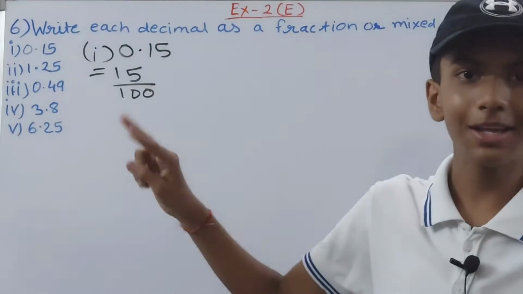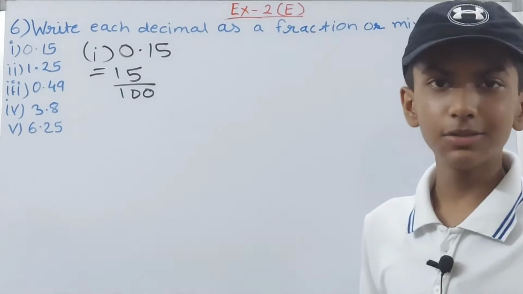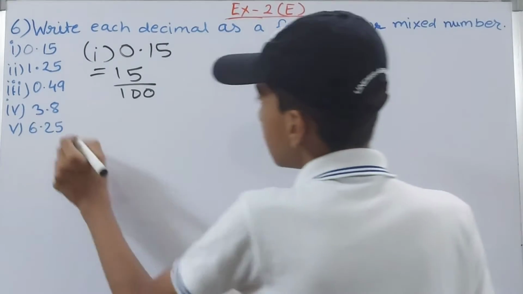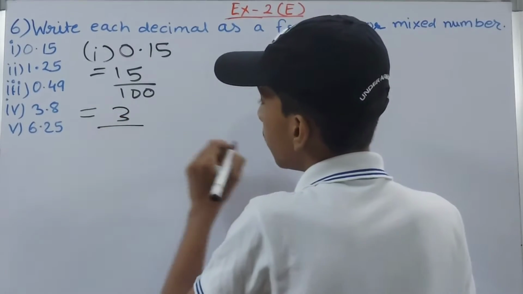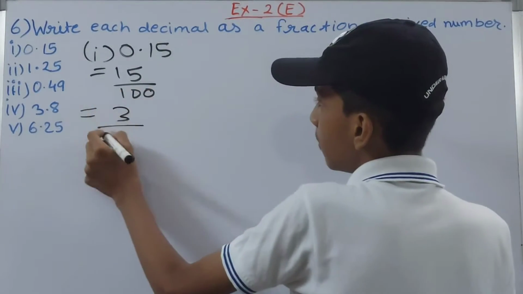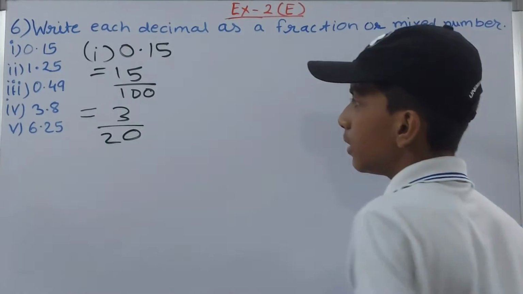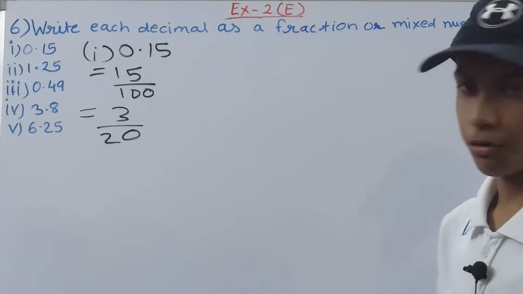Here there are 2 places, so 2 zeros. If there were 3, we would use 3 zeros. Now simplify: 3 upon 20. Can it be simplified further? No. So 3 upon 20.